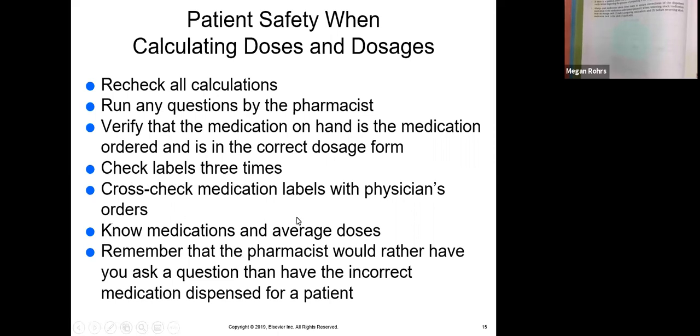As we start to work with medications over time, you're going to pick up on what the average doses are for different medications. So if you ever see an order that seems way off from what you're used to, ask the pharmacist. It never hurts to ask. We just got to keep that patient safety at the forefront of everything that we do.